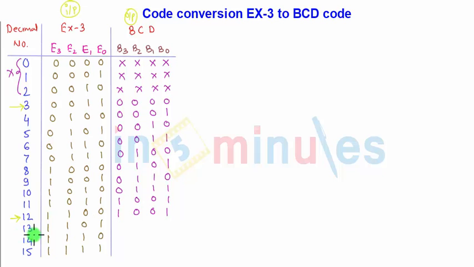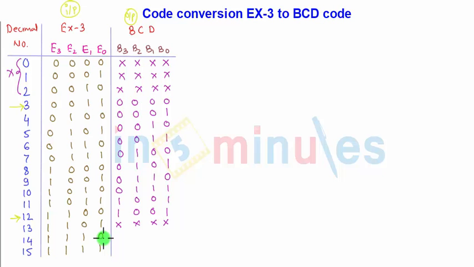And if we go to 13, let us find the XS3 code of 13. This is the XS3 code for the decimal number 10, but 10 is not a valid BCD. That's why again I have to put a don't care condition here, because for number 10 the XS3 code is 1101, which is not a valid BCD, because we are coding for binary coded decimal and the number 10 is not there in the BCD format.